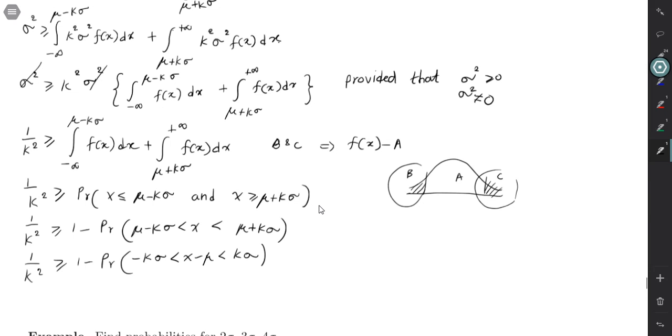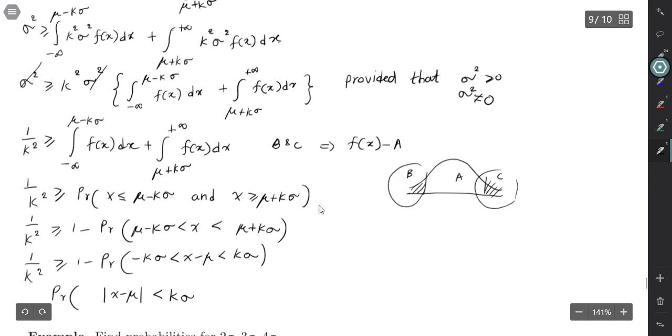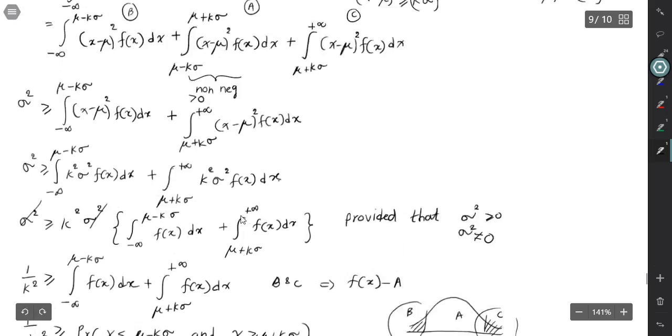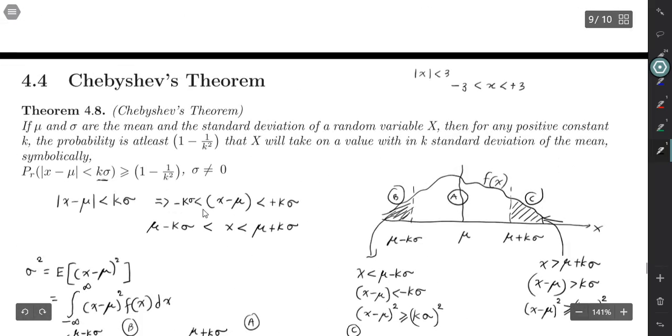If you take this to the other side, you get the probability that the absolute value of x minus mu is less than k times sigma greater than or equal to 1 minus 1 over k square. So this is exactly the Chebyshev's inequality we have to prove.